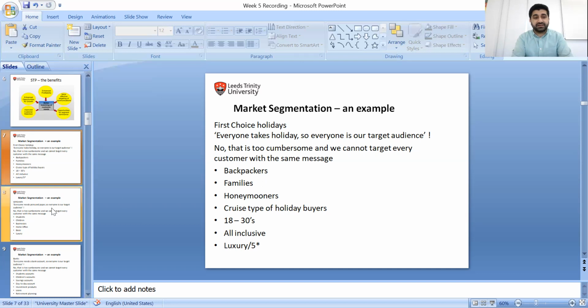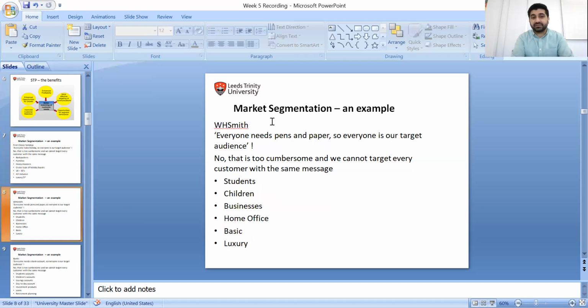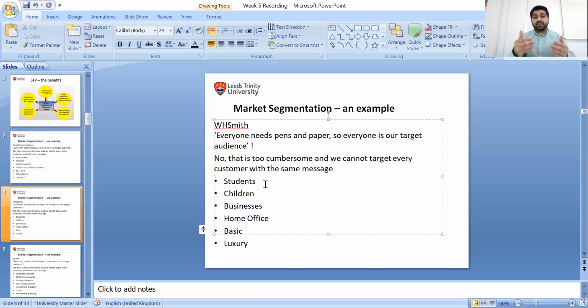I can give you another example here. WH Smith. The question raised is that everyone needs pen and paper, so everyone is the target audience. But no, we cannot say that. Although everyone is using pen and paper, we have to be specific. We have to have a targeted audience. We have to identify students, and in the whole population or segment, first the children, also the businesses.